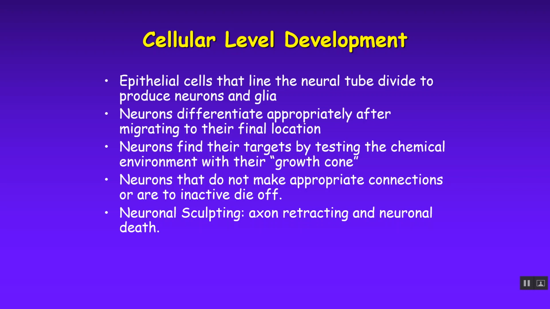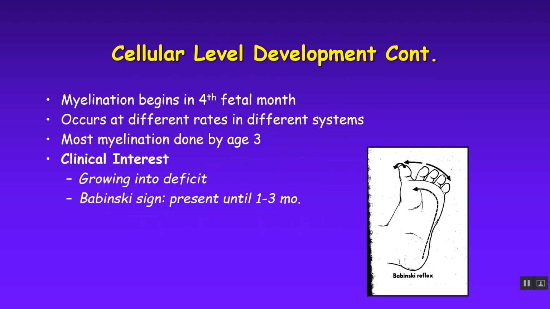Over time, with your environmental input, you get this neuronal scoping, axons retracting and growing in neuronal breadth and retracting, just to shape the overall connectivity of your nervous system. Further development at the cellular level: we said myelination begins in about the 4th fetal month.